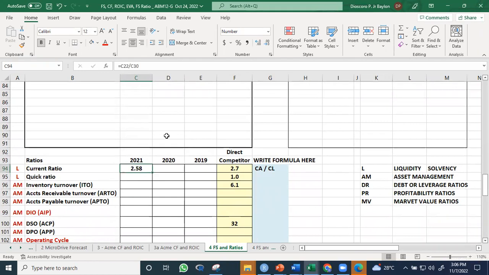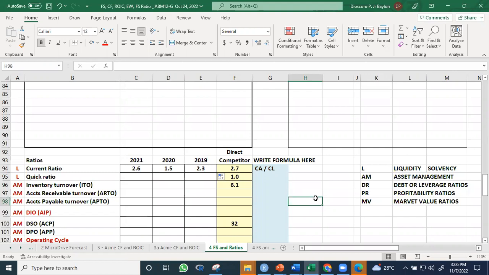Let me just make this one decimal place, and then I'll copy this to the right. Again, class, when we analyze financial statements and financial ratios, we do not take them in isolation. We do not just analyze, for example, 2.6.